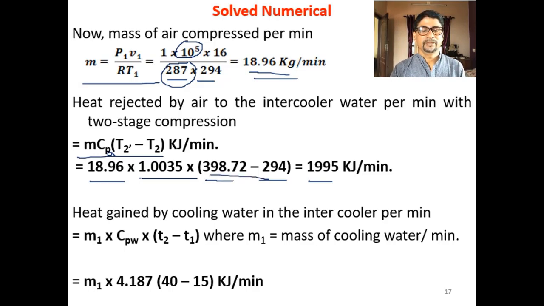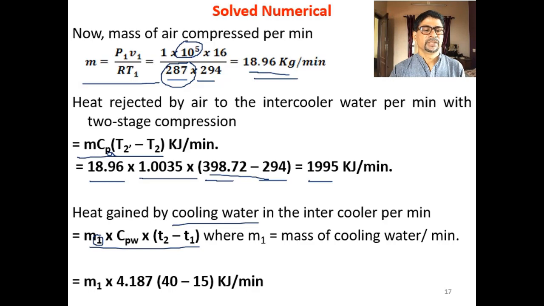Now the same heat which is lost by air is gained by water. One body is losing its heat and the other one is gaining. Who is losing the heat? Air. Who is gaining the heat? That is water circulated around the intercooler jacket. So heat gained by the cooling water in the intercooler per minute is nothing but m Cp delta T, but this is for water. M_w you can write, or M1 also.